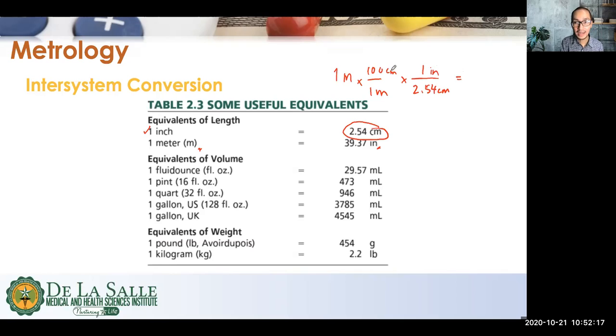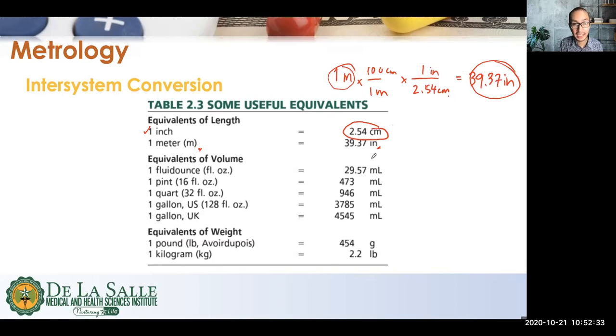So 100 divided by 2.54 should be almost equal to 39.37 inches. So that's where the conversion factor for the meter and the inch comes from. No need for you to remember that.